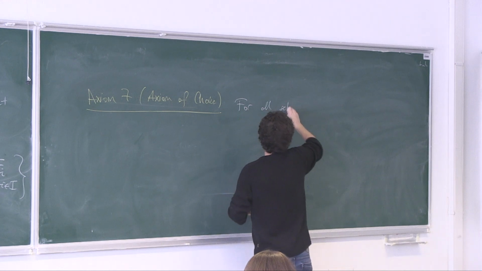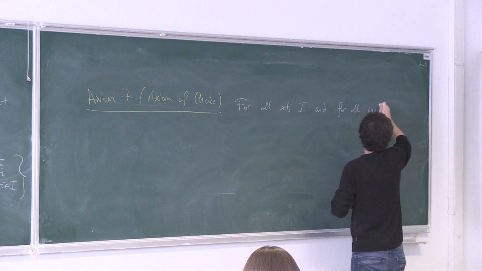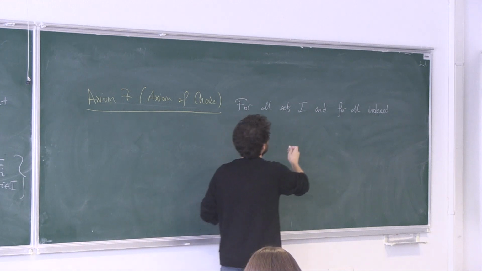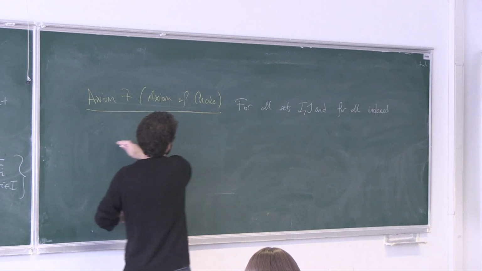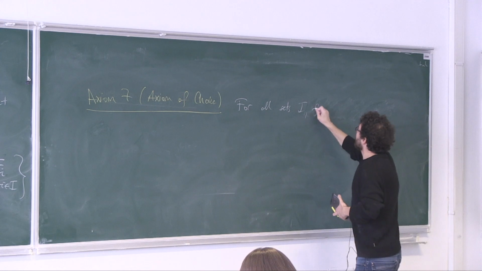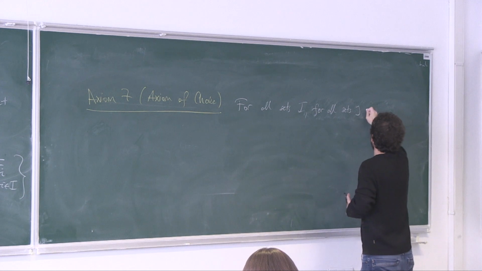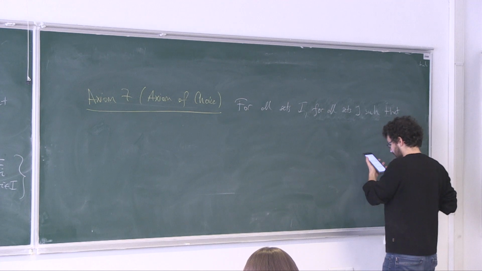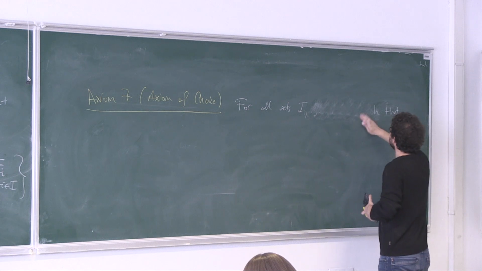For all sets I and for all indexed systems, for all sets I, j. No, I need one more thing. Okay, for all sets I, for all sets j, such that, no, I don't need that actually. Never mind.